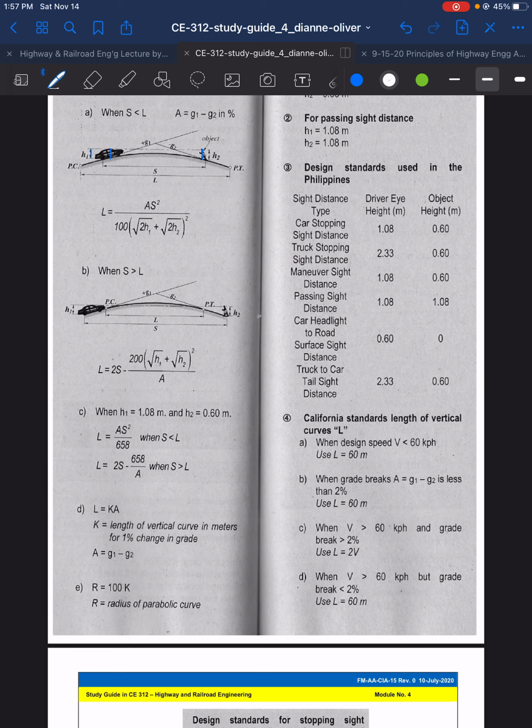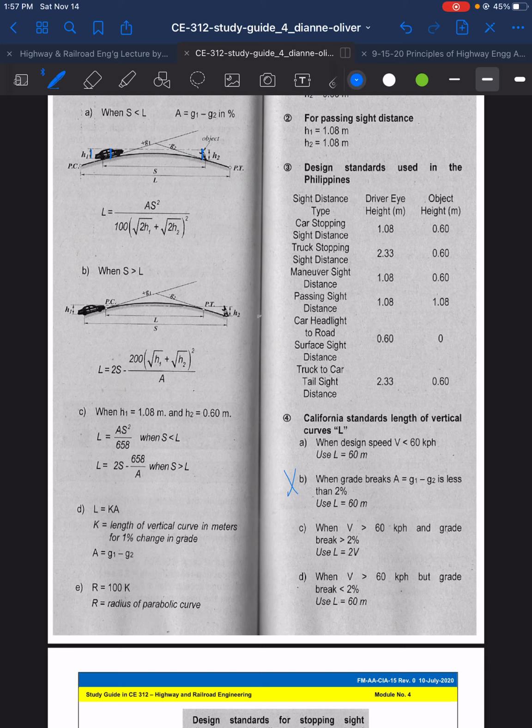So what is our grade a while ago? 4.4%. So in B, when grade break A is less than 2%, so this is not applicable.